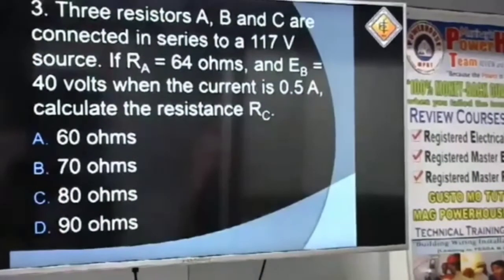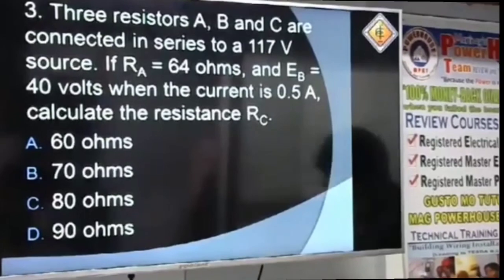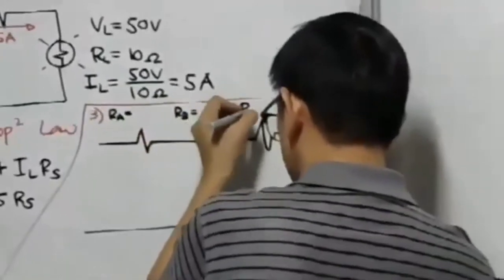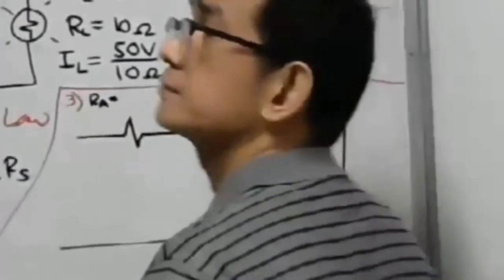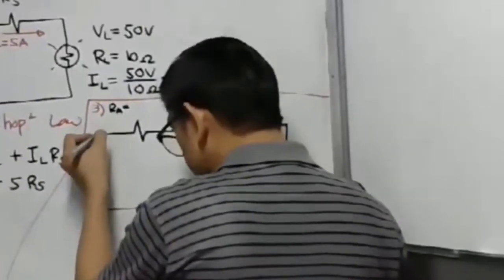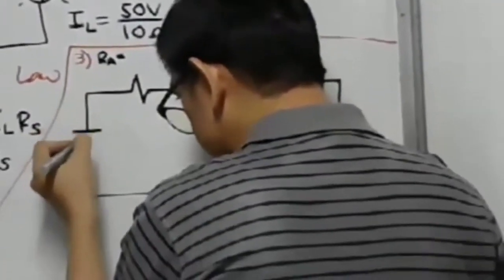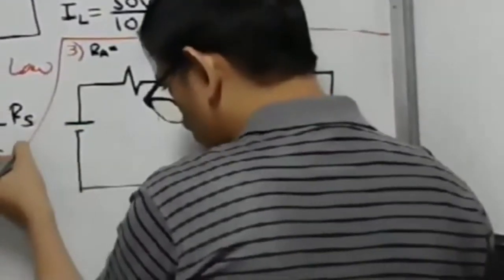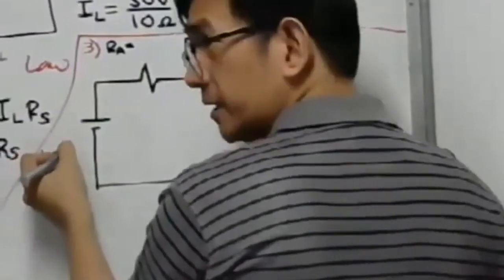Okay, let's have the number 3 problem. We have our RB. We have our RC. We have the source. What is our source here? 117 volts.